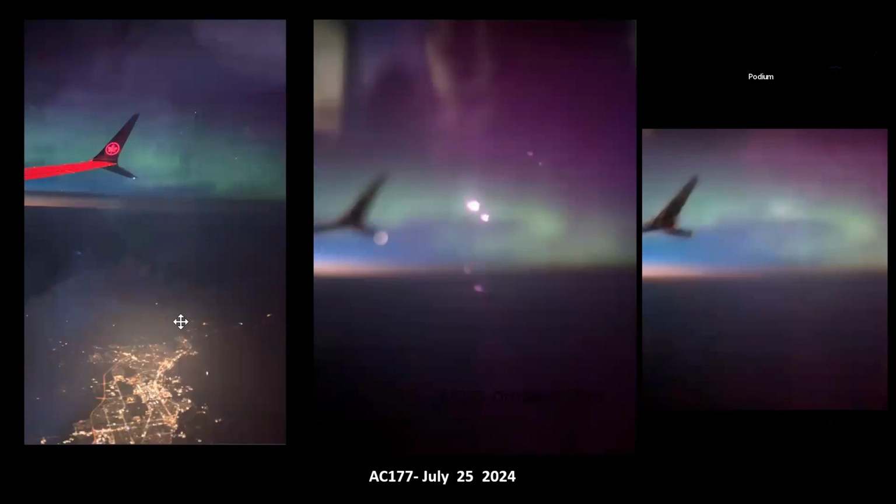As you can see, this is the one that's not edited. Then I used the Magic Eraser in Google to remove some of the flares. And the location that I showed earlier is, I think, in Thunder Bay. So the challenge here: I was able to see the northern lights in Ontario.